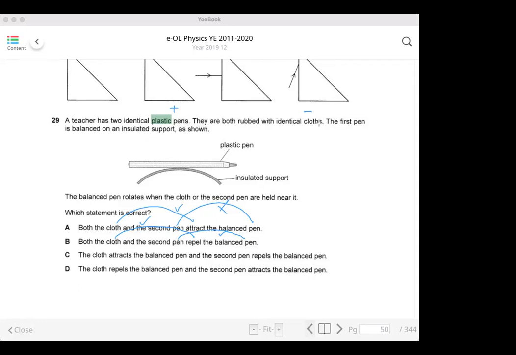Clear so far? Okay, so I already explained why A and B are wrong. And then I also mentioned that the pen can only repel the pen. So the pen cannot attract the pen. So D is actually incorrect. Answer for this is C. Is that clear? Are you clear about this?